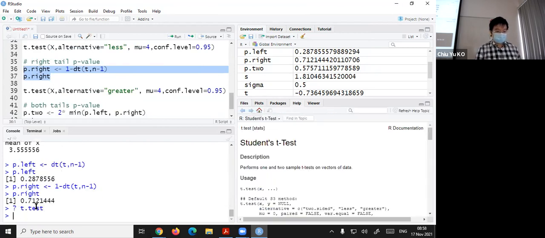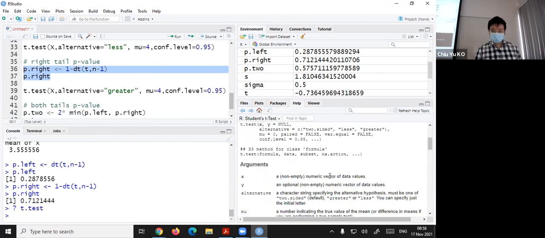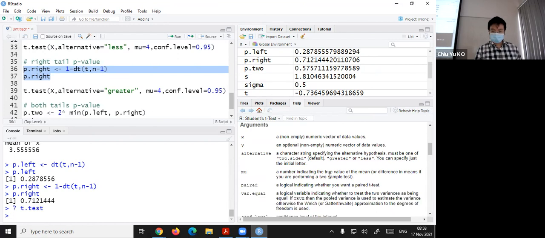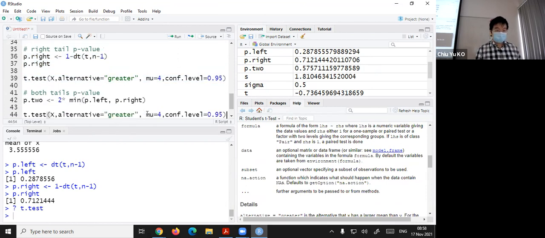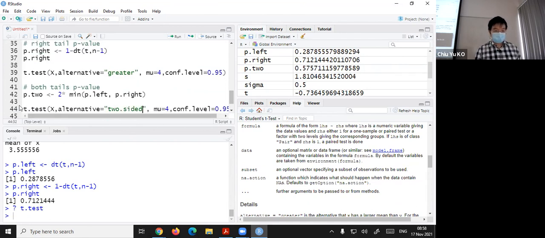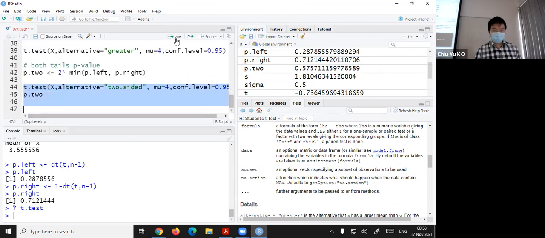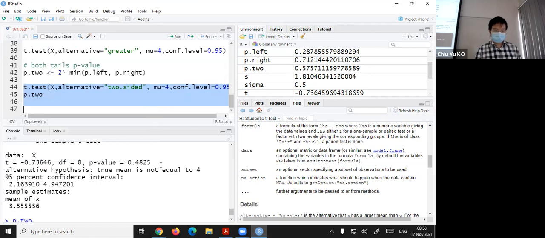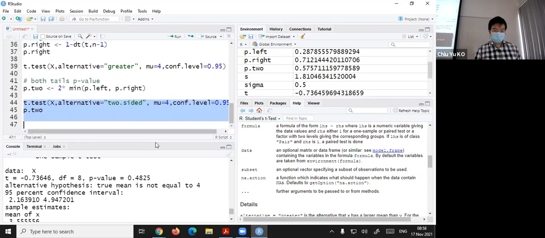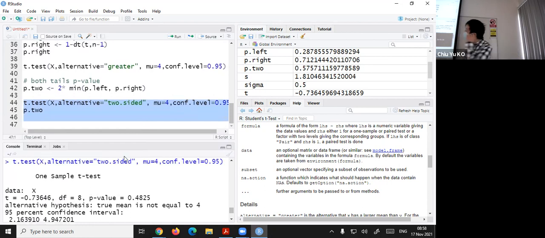Then you can do the, it's weird. So the two-sided is to do in this way. Okay. This is one sample t-test.